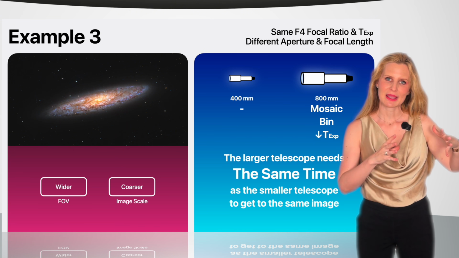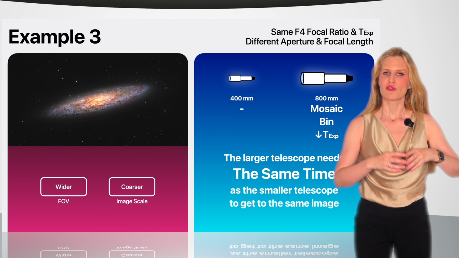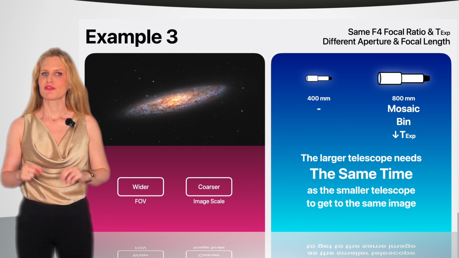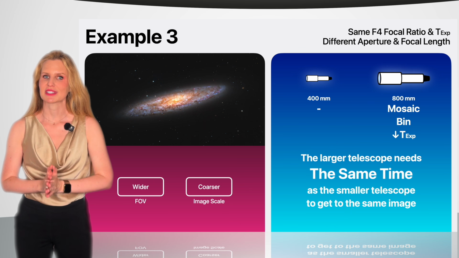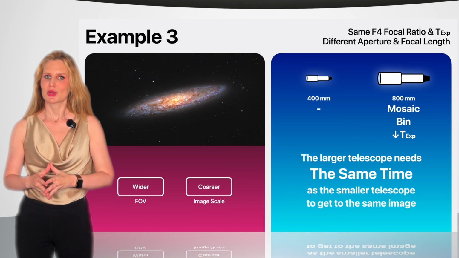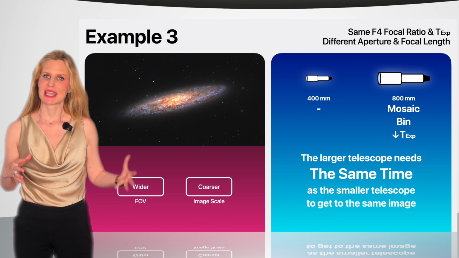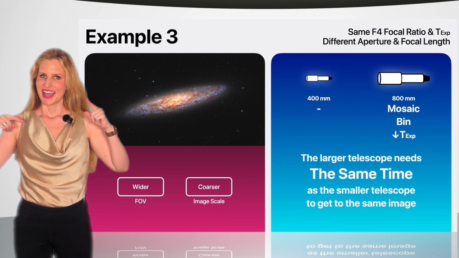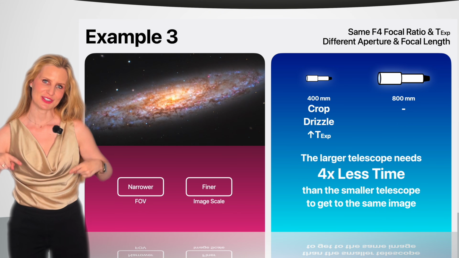So binning makes each panel 4 times faster to acquire. Even though we're shooting 4 separate panels, each one takes only a quarter of the time, meaning that the total imaging time is the same as with the smaller, shorter scope. Now, what about the reverse?